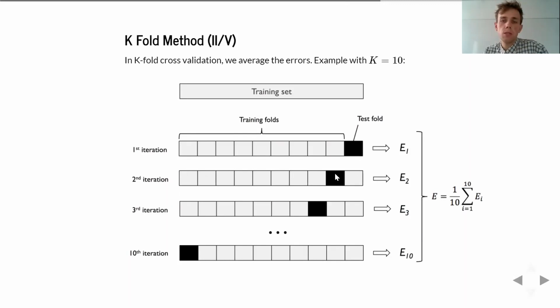And then in the second iteration, we're leaving out another fold for evaluation of the model and training the model on the rest. And then we get 10 different estimates of errors, right? So we have 10 different iterations with 10 unique subsets of data that we use for evaluation of the performance of our model. And then we aggregate these different errors with a mean to get a total error estimate that we can use in order to select our optimal model.